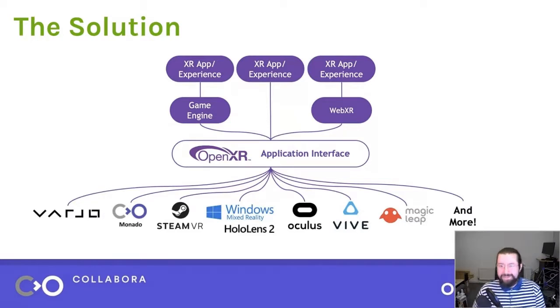So the solution to this is creating a new API, not like the XKCD comic, where we have OpenXR, where there's one unified application interface that all of these platforms provide, and you can write portable applications that can now support multiple hardware.